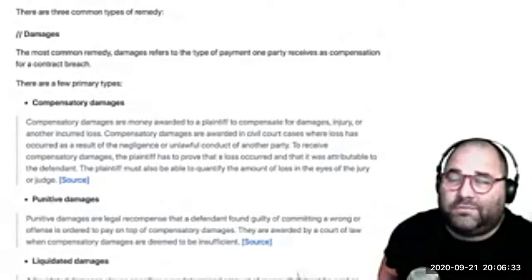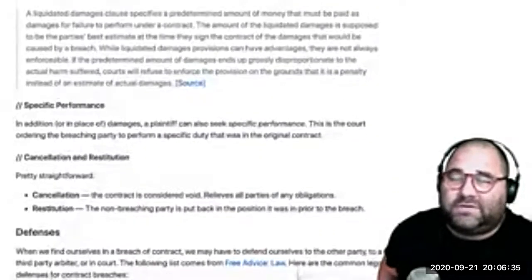So this is just damages. What are the other types of remedy? Specific performance. In addition to or in place of damages, a plaintiff can also seek specific performance. This is the court ordering the breaching party to perform a specific duty that was in the original contract.